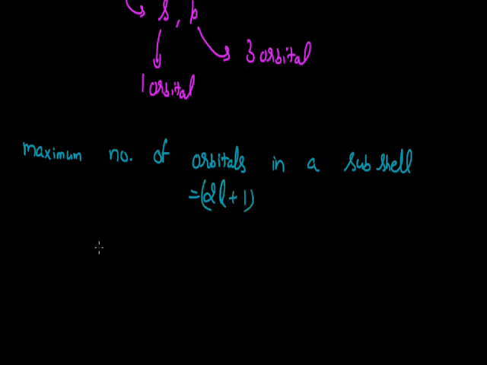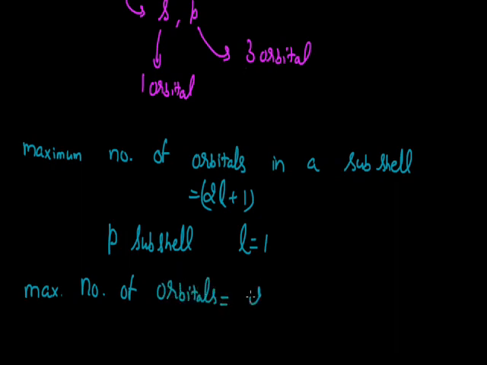If I talk about the p subshell here to prove this formula, for the p subshell the value of l is equal to 1, and the maximum number of orbitals will be equal to 2 multiplied by this value of l, that is 1, plus 1. The total value will become 3, and we have proved this initially, that this p subshell contains 3 orbitals that are px, py and pz.